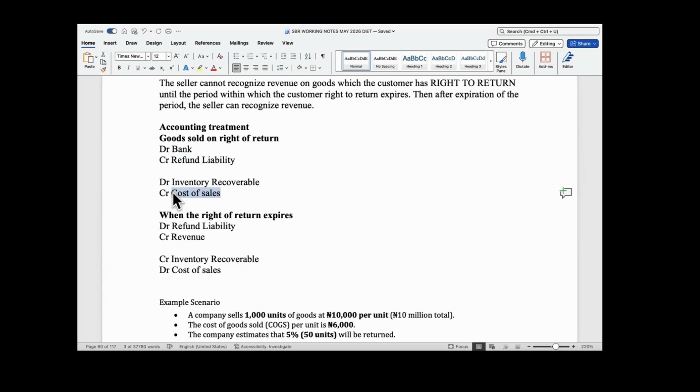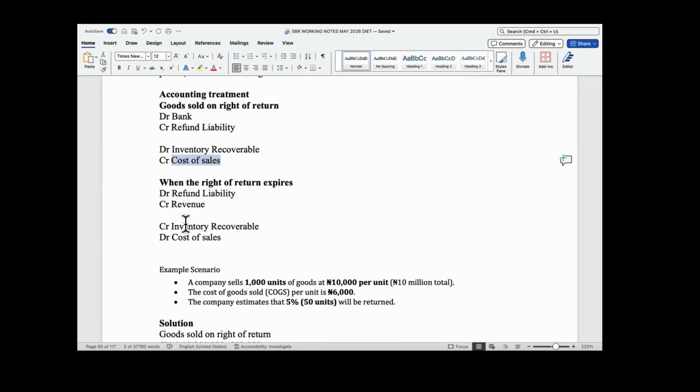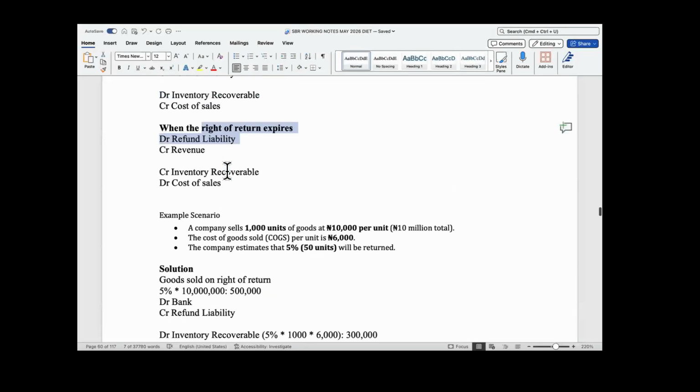Have that understanding. And if they don't return and it expires, we'll close out all the liability and inventory recoverable. That is it, and I showed you an example.